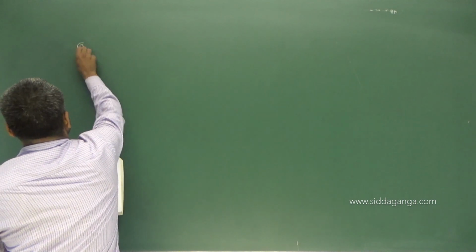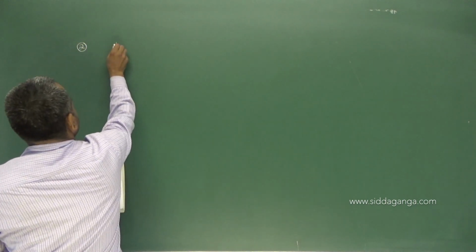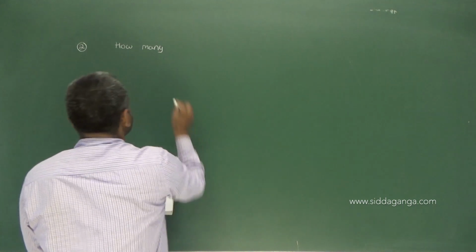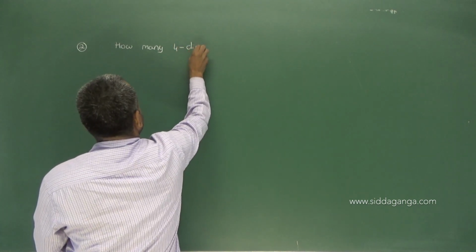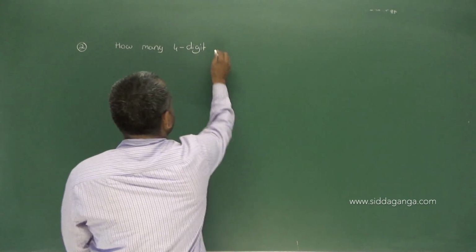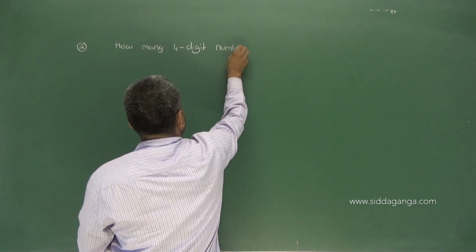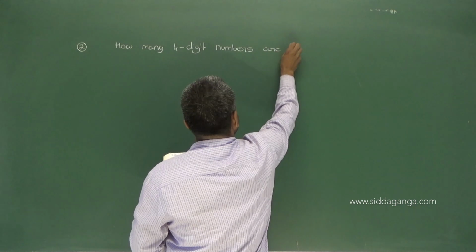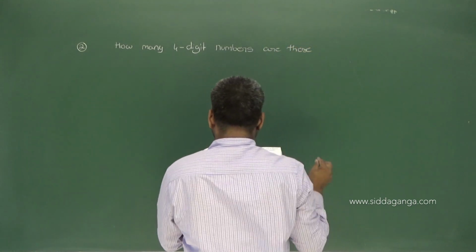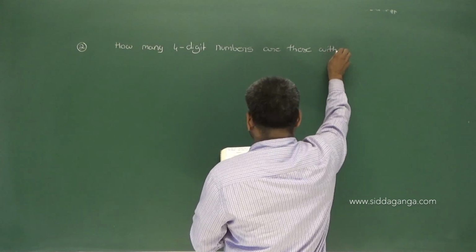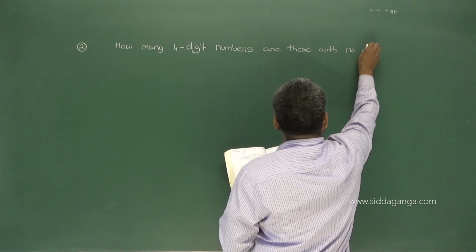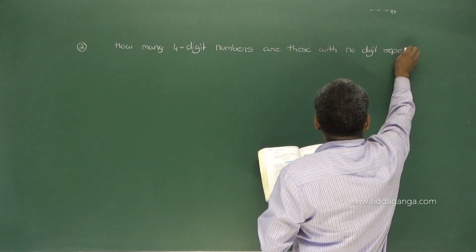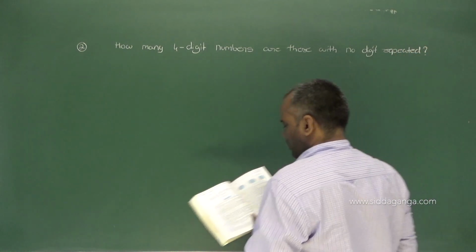Second problem in exercise 7.3. How many 4-digit numbers are there with no digit repeated?